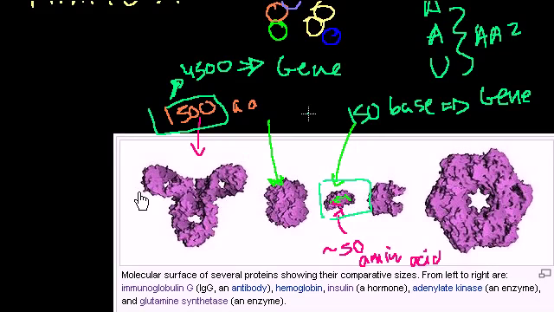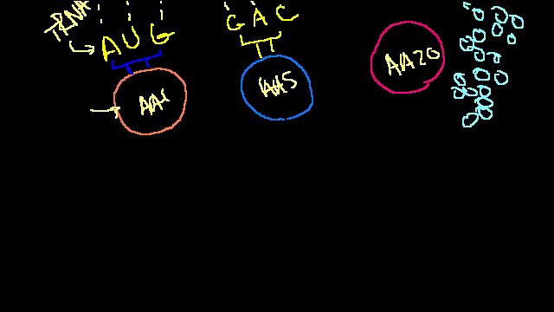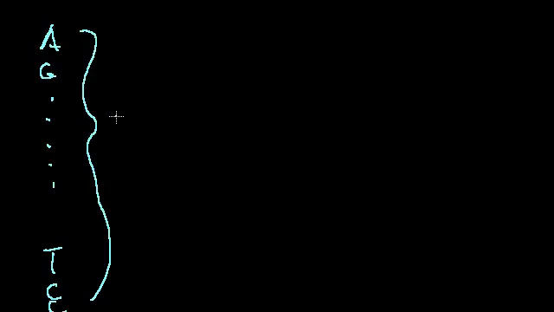Now, not all of the genes make proteins, but all of the proteins are made by genes. So let's say I have just a bunch of A, G, and it goes down, down, down, and then a T and then a C and a C, and let's say I have 4,500 of these. These could code for a protein.